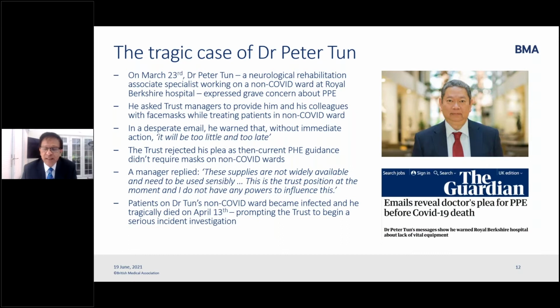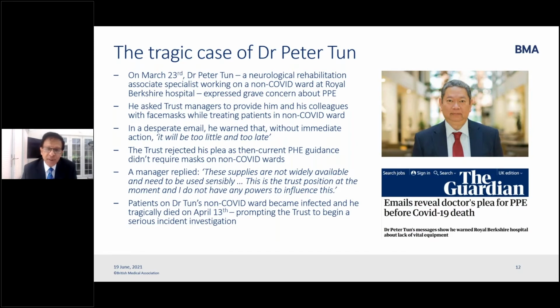About 4 days later, 4 patients on the ward contracted COVID. A week later, he was infected, went into intensive care. 3 weeks later, he died. Now, I'm not divulging anything confidential. His story is published in the media.